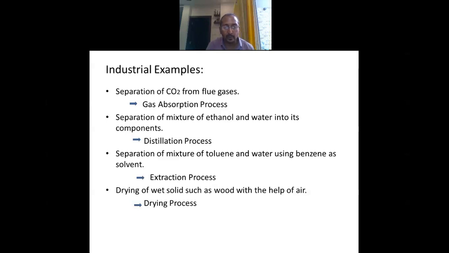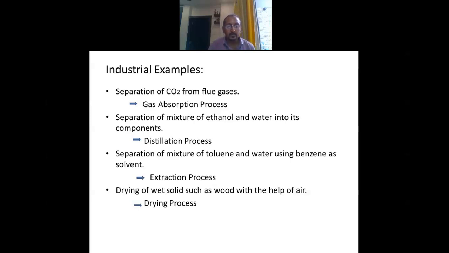So the solubility of CO2 in that solvent is very large, and the solubility of the other gases in that solvent will be negligible, or there will be no solubility at all. That's why CO2 preferentially gets removed from flue gases by using a liquid solvent, and this is called the gas absorption process.